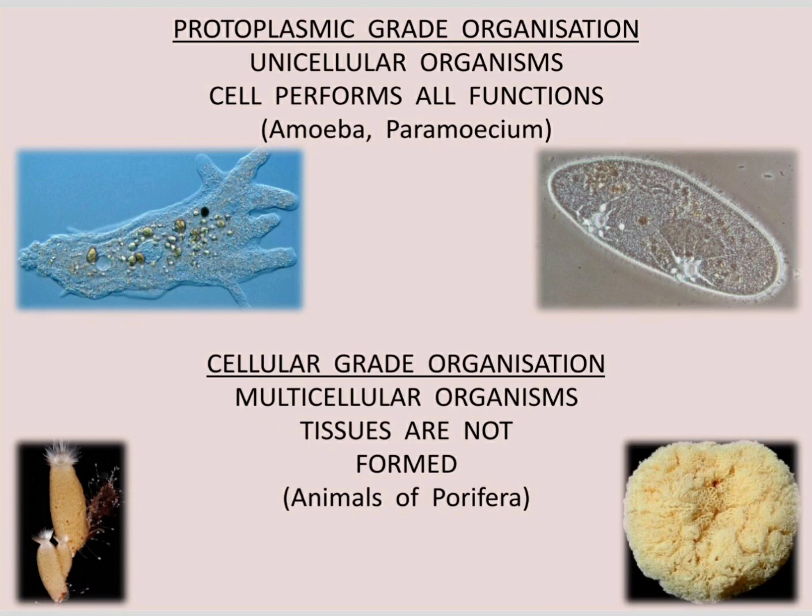Now, in protoplasmic grade organization, you have animals which are unicellular, that is, they are made up of only a single cell. But in case of multicellular animals, many cells can be there which can be performing different functions. In unicellular animals, the animal is entirely made up of only one cell.